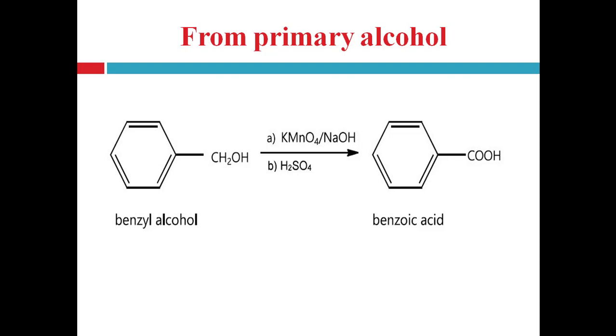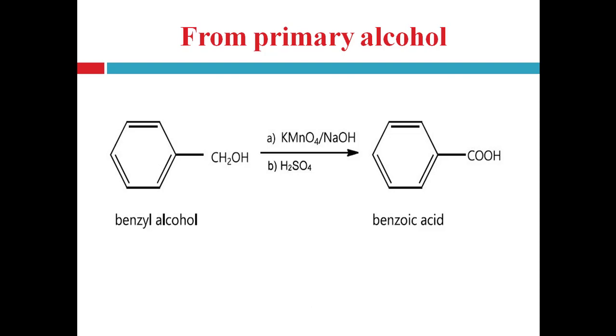Next, from primary alcohol. As we know, primary alcohol is oxidized to aldehyde, and then that aldehyde is oxidized to the carboxylic acid. If we directly want to form benzoic acid from primary alcohol, then strong oxidizing agents are used.